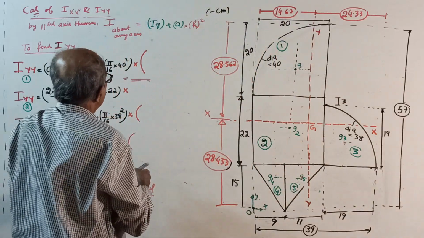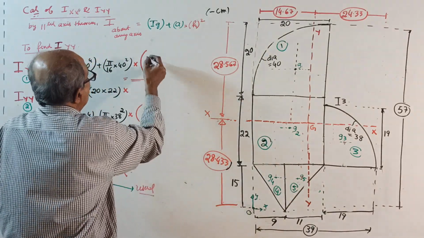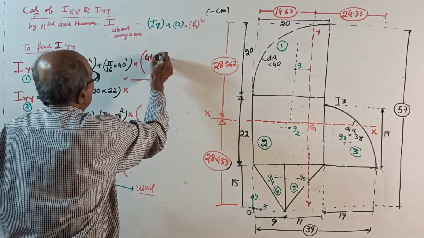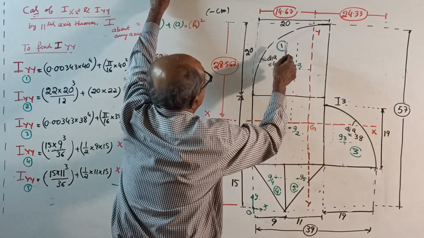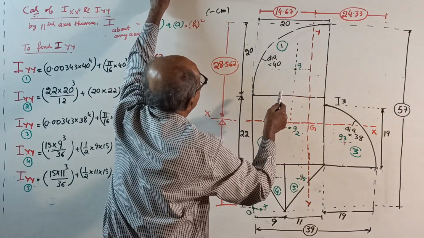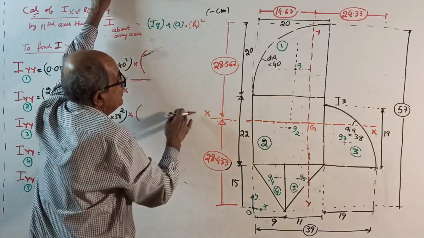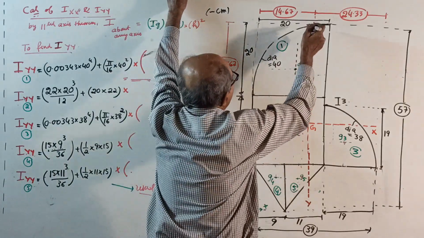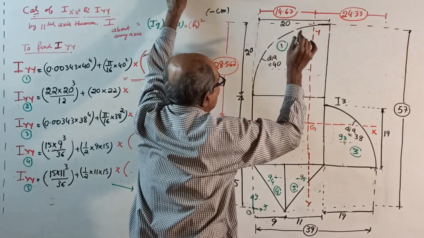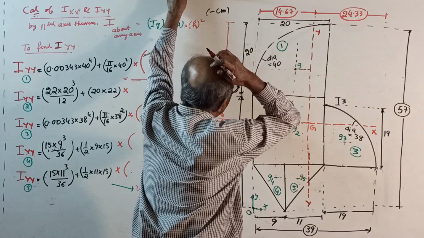That is 41.67. No, 14.67. I got a shock of my life, how can it be 41.67? It is 14.67. Now, one minute, we want this distance square. See, some confusion.